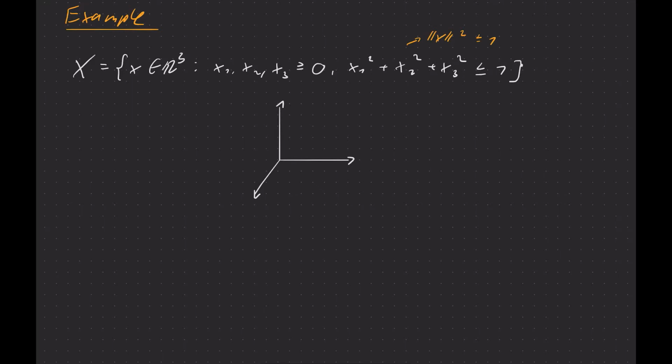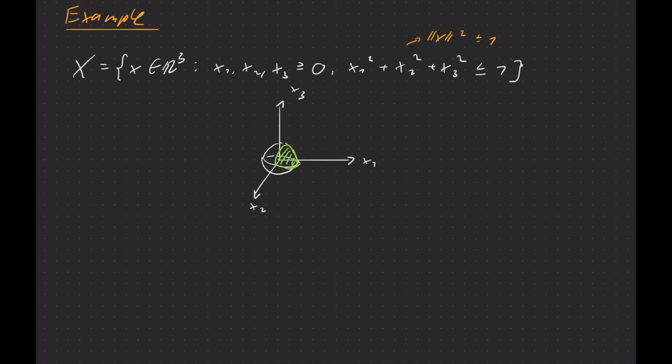And that's just the description of the unit ball. So what we're doing here in effect is integrating over this ball here. More specifically, we're only integrating over all x's with non-negative values. So it's not the whole ball, but just the part of the ball that is in the positive orthant.